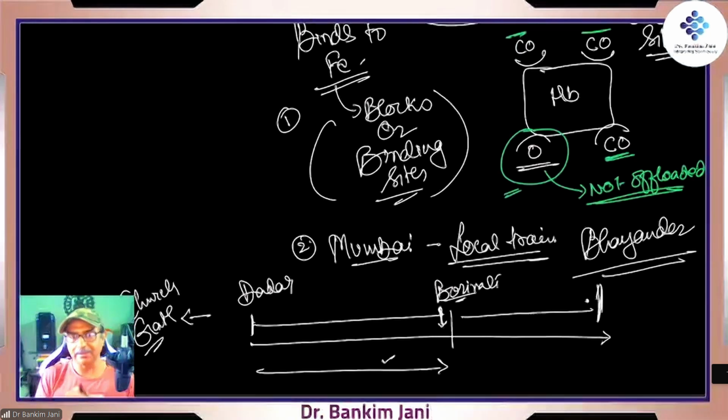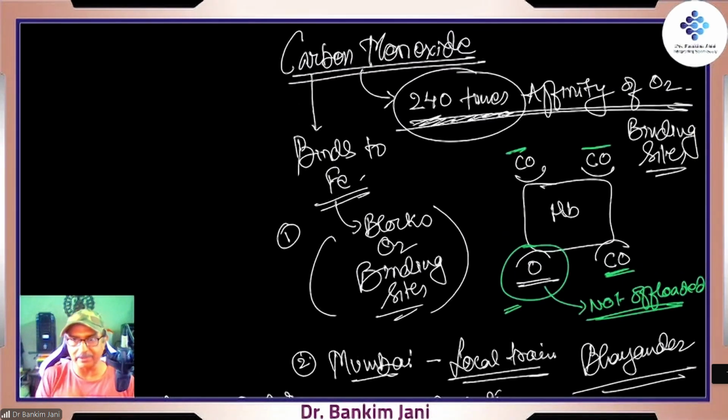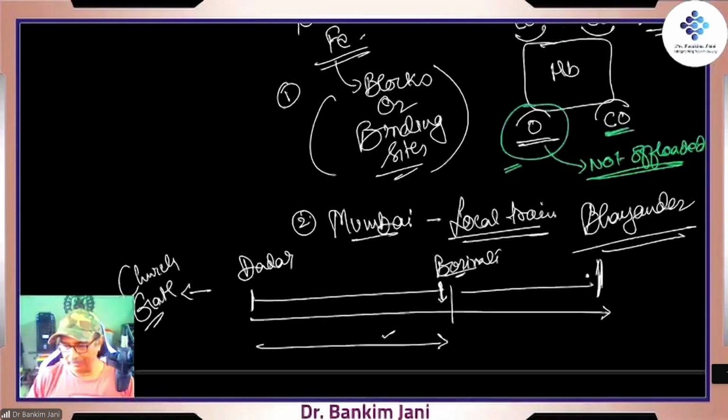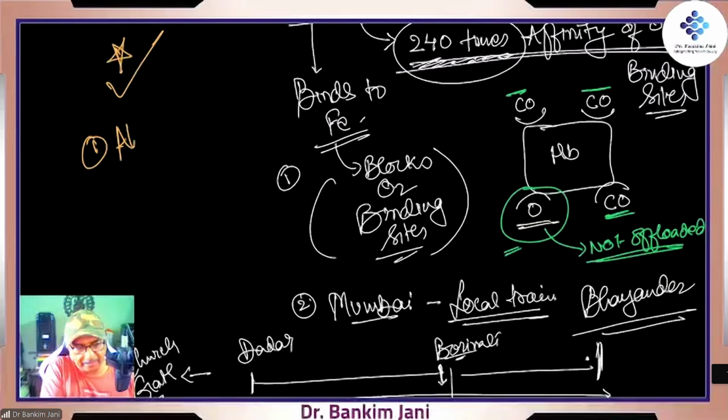Now tell me, which allosteric effect, and which side shift? The example I gave, carbon monoxide, is doing what? This is what is asked in exams. Two questions: which allosteric effect and which side shift?